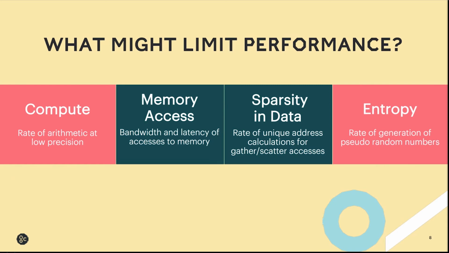But it's not just about having massive bandwidth in one direction. I want massive bandwidth in lots of directions. I need to capture data from lots of different places, bring it to the compute as it's required, and scatter it back to where it's needed. So it's about address generation as well. And finally, we need the ability to work with random numbers, stochastic rounding on my arithmetic, and generation of entropy within the compute structure, so that I can support the next generations of machine learning structures.